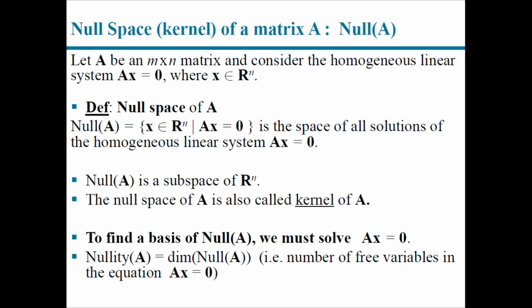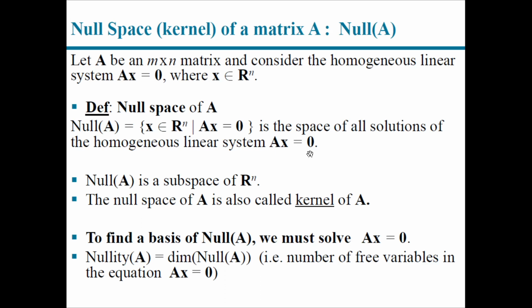The third space related to a matrix is called the null space of a matrix. Sometimes it is also noted as the kernel of a matrix. I will use the notation null space, it's just easier. So what is the null space of the matrix A? I have my matrix. Null space is defined as the linear space of all solutions of the homogeneous system Ax equals 0.